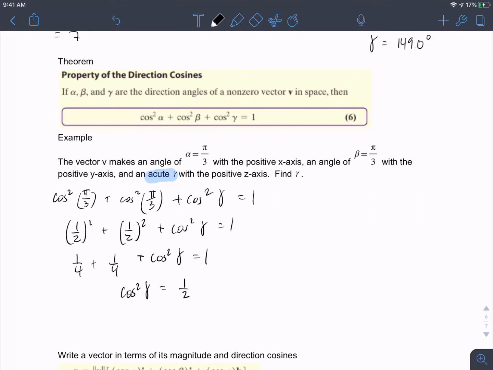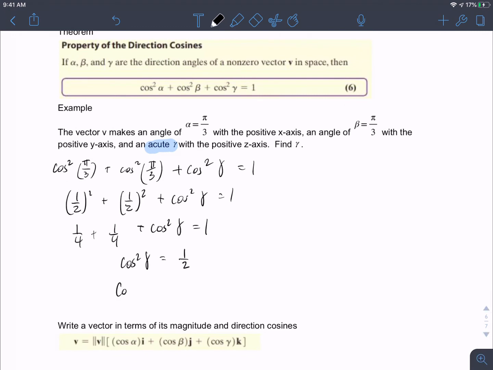And then the square root of that is going to be radical 2 over 2, but a plus and a minus, right? So then gamma is going to be equal to cosine inverse of radical 2 over 2, or gamma will be equal to cosine inverse of negative radical 2 over 2.